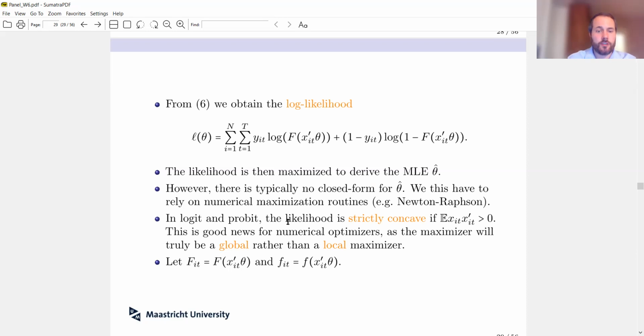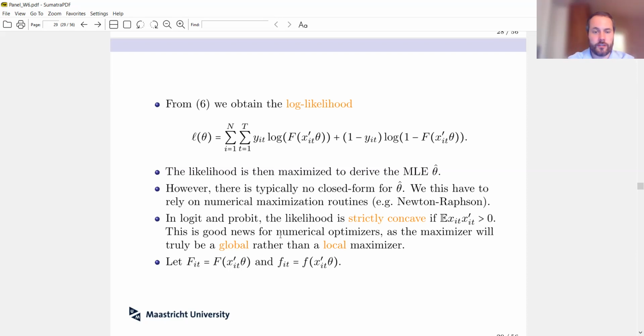Now, in logit and probit, the likelihood is strictly concave under a certain simple condition, a condition that we had before. So why is this important?